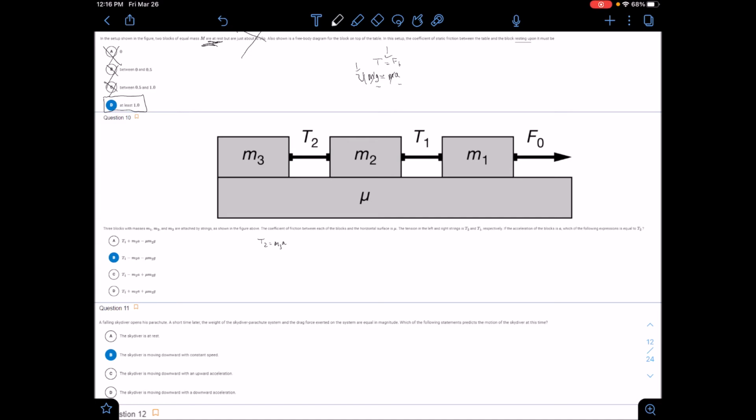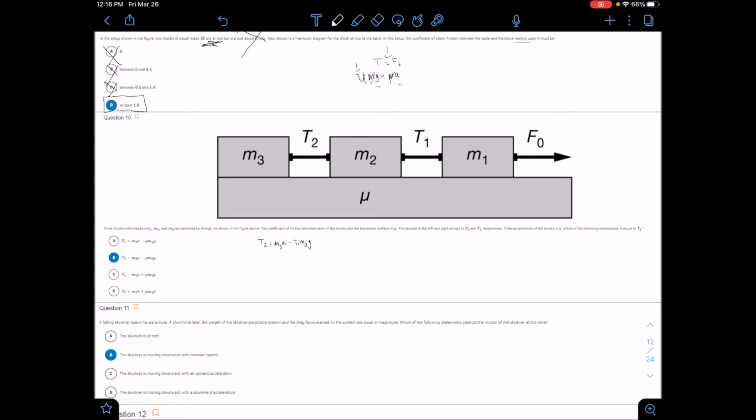Okay, and so we have T2 is equal to M3a minus the friction force, so we get the total net force, minus μ times the mass times the gravitational pull, since it's the normal force, but normal force equals weight, and we can just put gravity as that. So this will be what T2 is equal to.